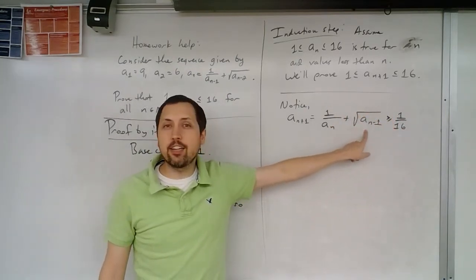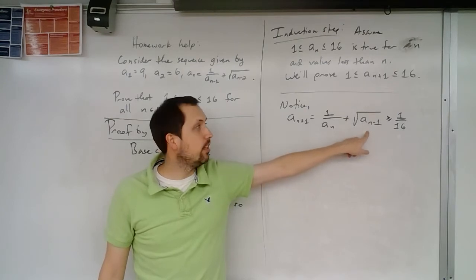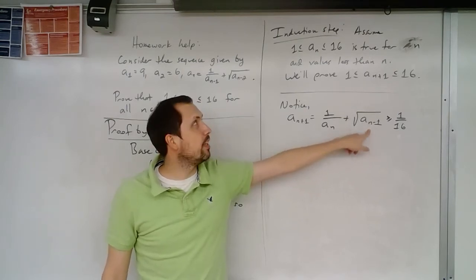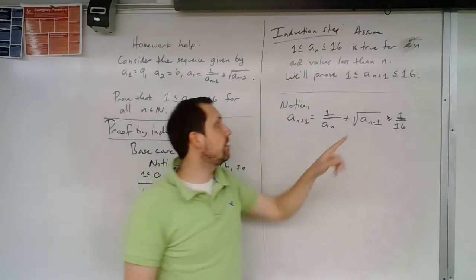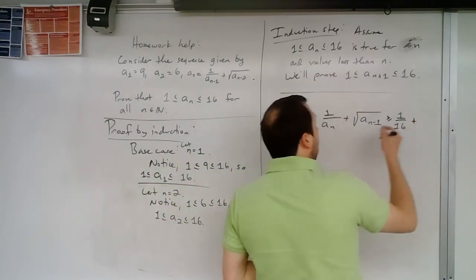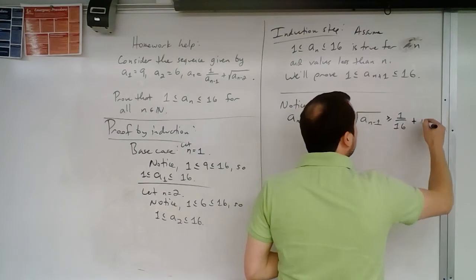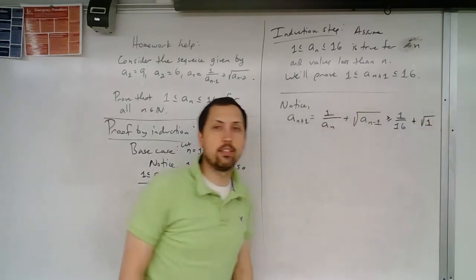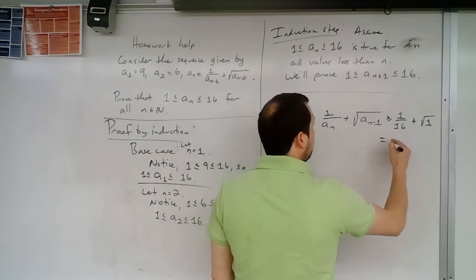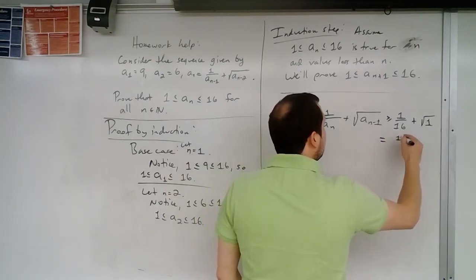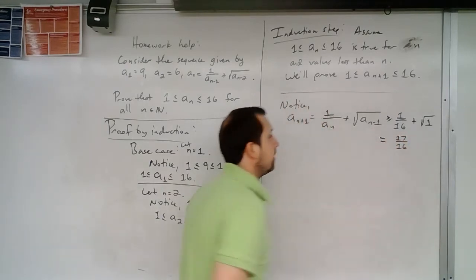But then over here, when is this smallest? Well, this isn't smallest when it's big, it's smallest when it's in the other direction. So this is also greater than or equal to the square root of 1, which obviously is equal to 17 over 16.